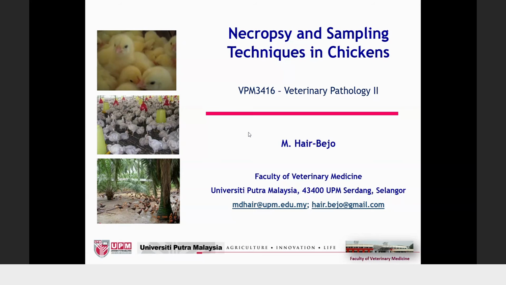This one also, when I put necropsy and sampling technique in chickens, it is a very detailed approach to necropsy, not only focusing on the GIT, but of course on other organs as well. I do believe it might not be useful now, but you can keep the notes for the future, whenever you conduct necropsy, because it can be a very good guide on what you should do.